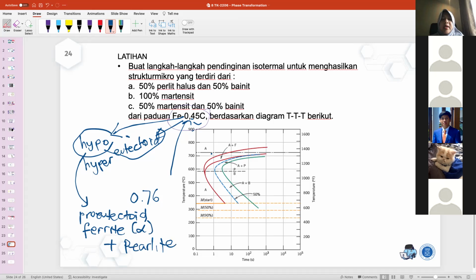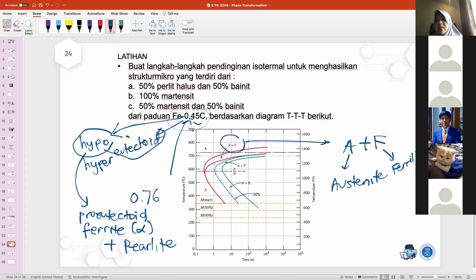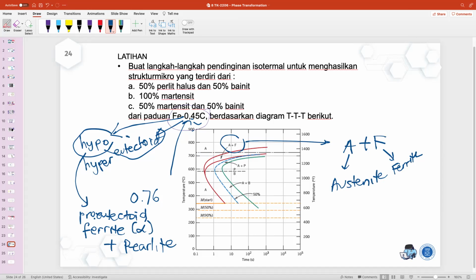That's why in this transformation diagram, when you cool it down from austenite, you end up with A plus F, a region where you have austenite and you have ferrite. Now the ferrite is stable, while the remaining is austenite, and then the austenite will transform into perlite. Okay, so that one.